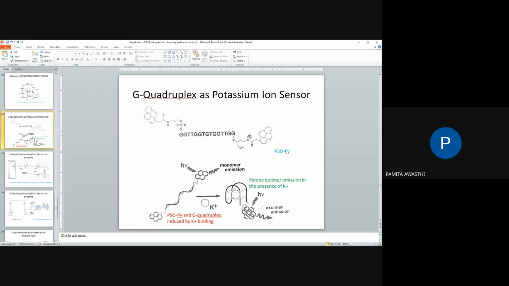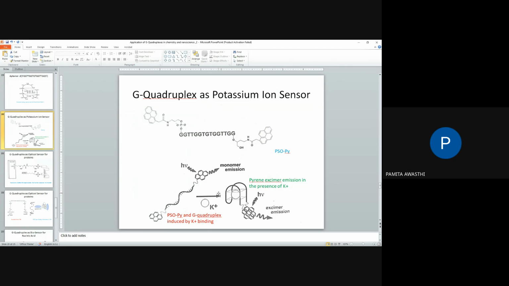This is being referred to as a sensor for real-time detection of potassium ion in biological or environmental samples. One challenge is the selectivity for potassium ion in the presence of sodium ion at higher concentration, and another challenge is the fast response for real-time monitoring of the interaction of the cation.